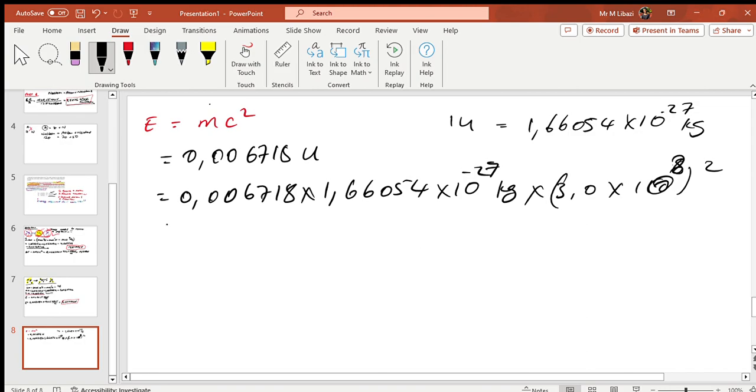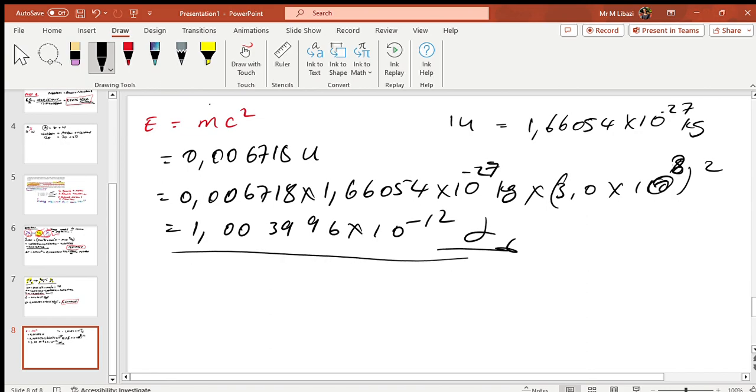And then I get 1.003996 times 10 to the minus 12. Not kilograms, because we are already calculating energy. So this is the energy in joules.